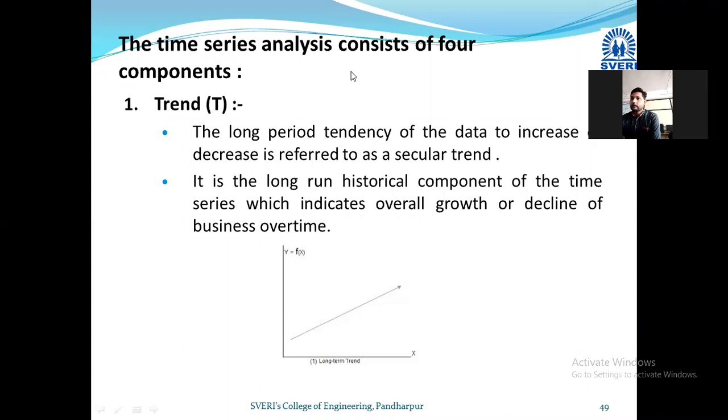If not, I will draw here once again. So consider this is the time period and this is the y-axis.